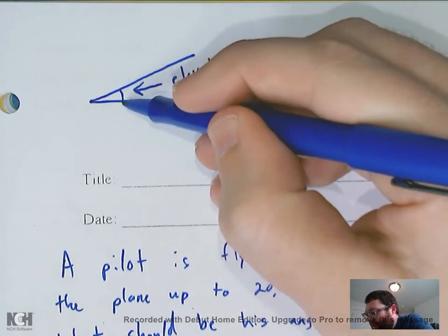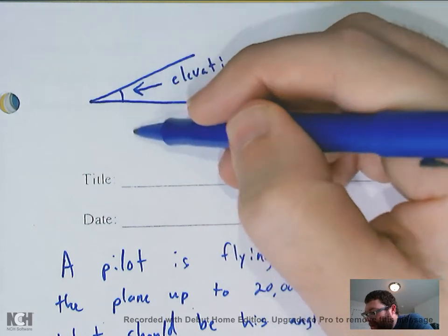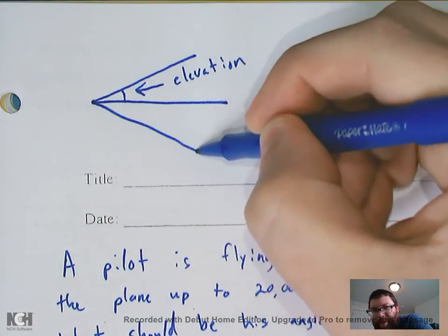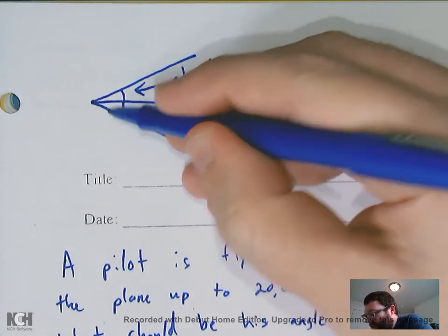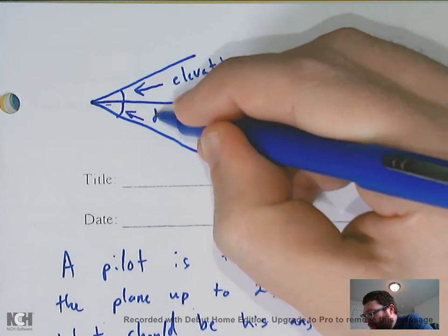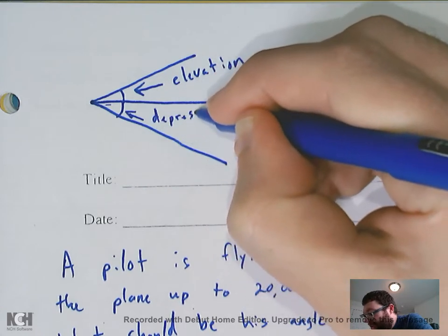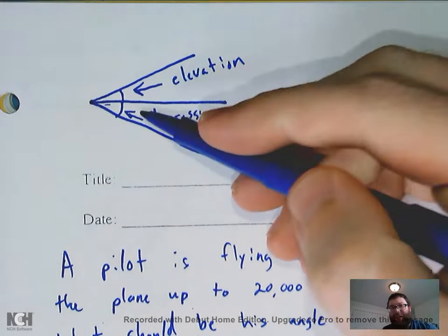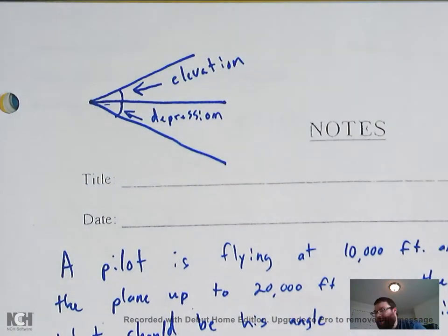An angle of depression is coming down from a straight line. This is depression. It's very sad all the time. So elevation is coming up from a straight line, depression is coming down from a straight line.